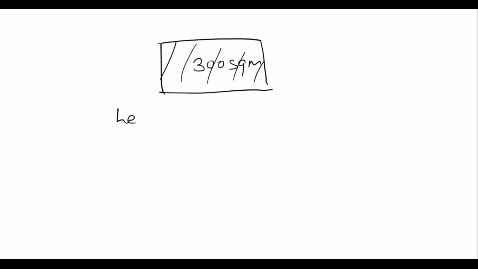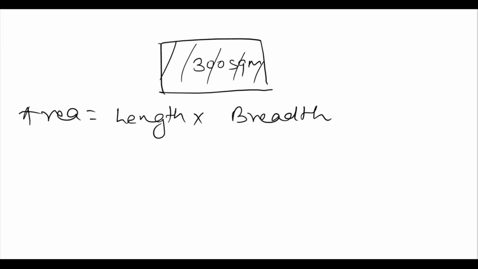You know length into breadth, right? Area is length into breadth and area is known to you as 300 meter square, and it is told that length is twice of width or breadth, okay. Length is twice of breadth. That means if x is breadth, then length will be 2x, right?